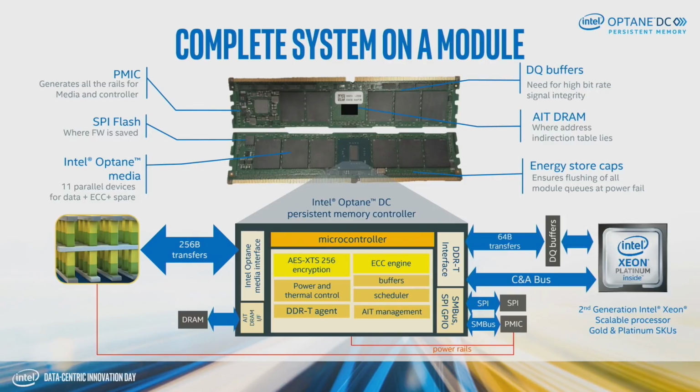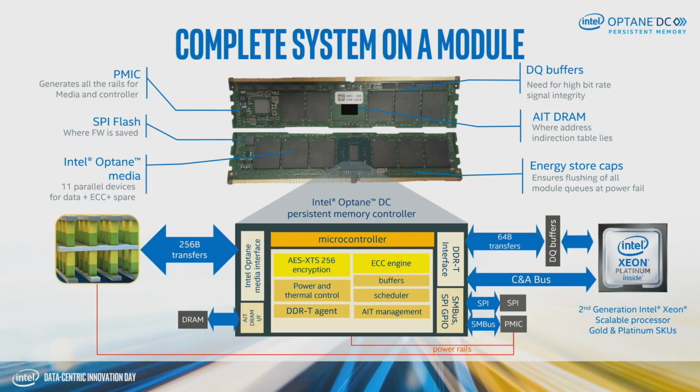So everything else we have to generate on our own. DDR5 actually is going this path. It's going to be coming in 2 to 3 years. You have an SPI flash where the firmware for the microcontroller on the DIMM is run from. You have DQ buffers for signal integrity reasons. We talked about the AIT DRAM, and you have energy store capacitors on the module that guarantee that if we lose power at any point, we'll have enough energy stored to flush our queues back to the media.